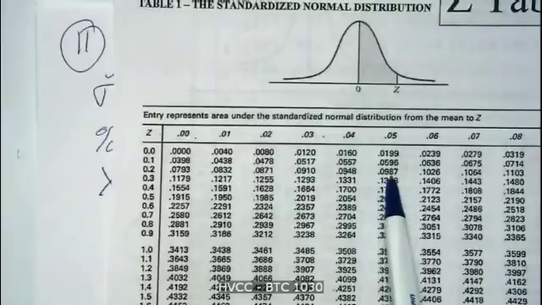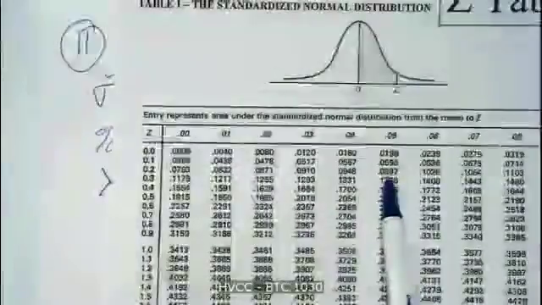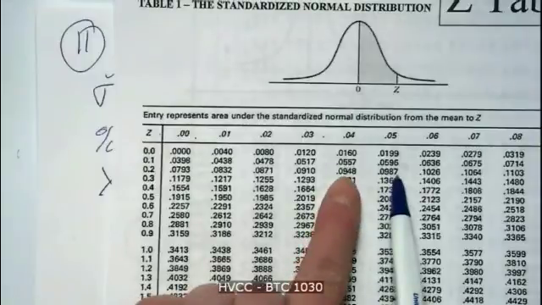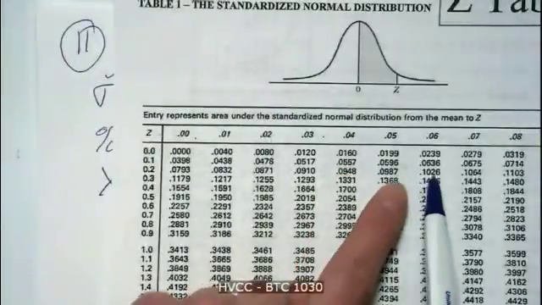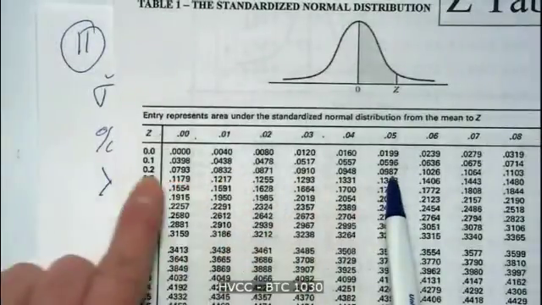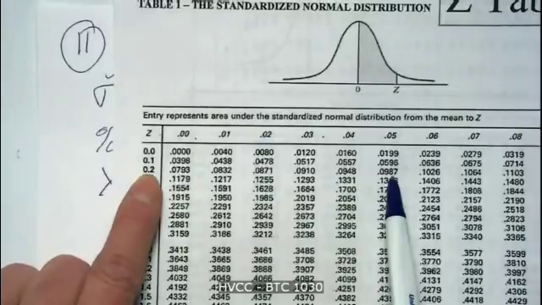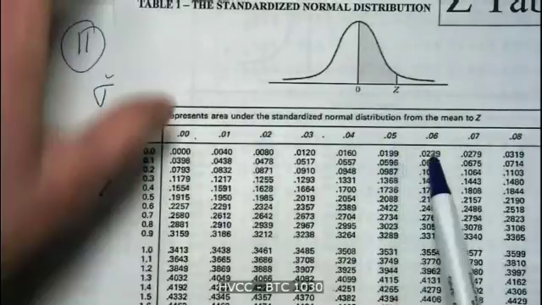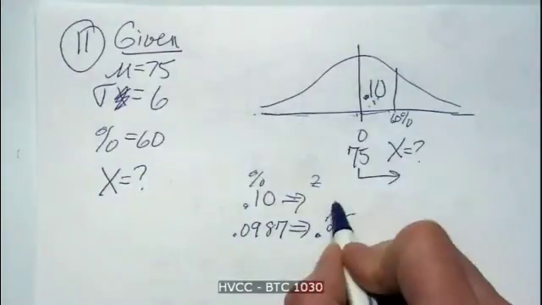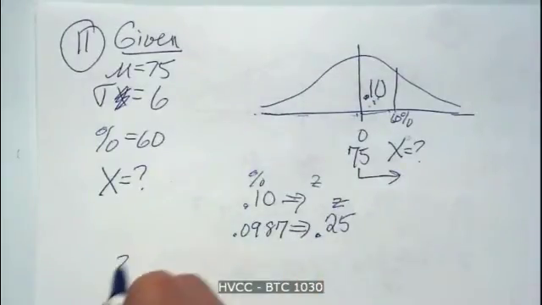The closest one here is 13 away from 10%, 0.0987. This is over 50 away, and this one's 26, so it's right here, 0.0987. I come out to find the z. It's 0.25. 0.25 is your z. Okay, let's stick it in the equation.